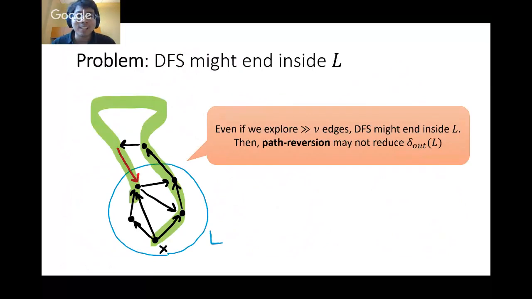Why? Because the depth first search might end inside L. Even if you explore much more than ν edges, you might go out of L, but then eventually come back into L. If this happens, even if you do the path reversal, it won't reduce the size of the cut. The delta out of L will not be reduced, and we cannot make progress.